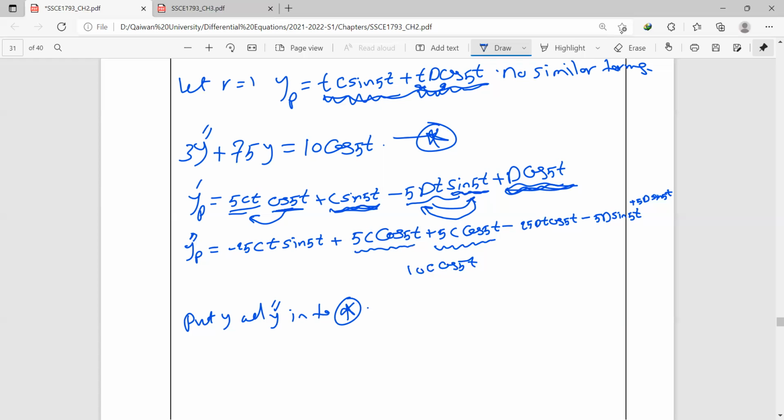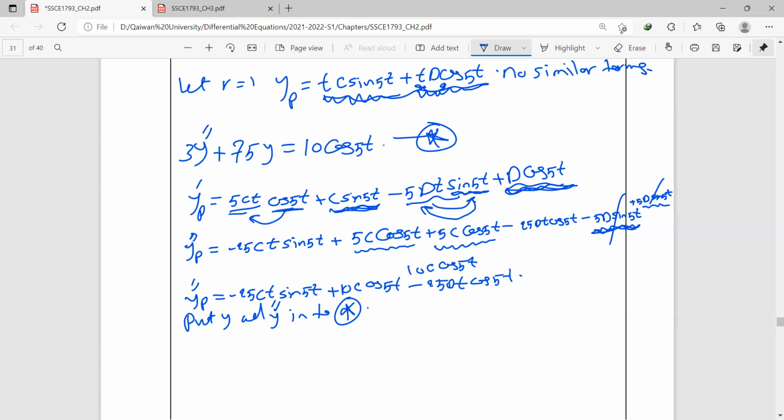Okay, and let's check if there's any simplifying it more. Here, this is 5d sine 5t, 5d sine 5t, these are constants. That means here y double prime of p equals minus 25 ct sine 5t plus 10c cosine 5t minus 25 dt cosine 5t.